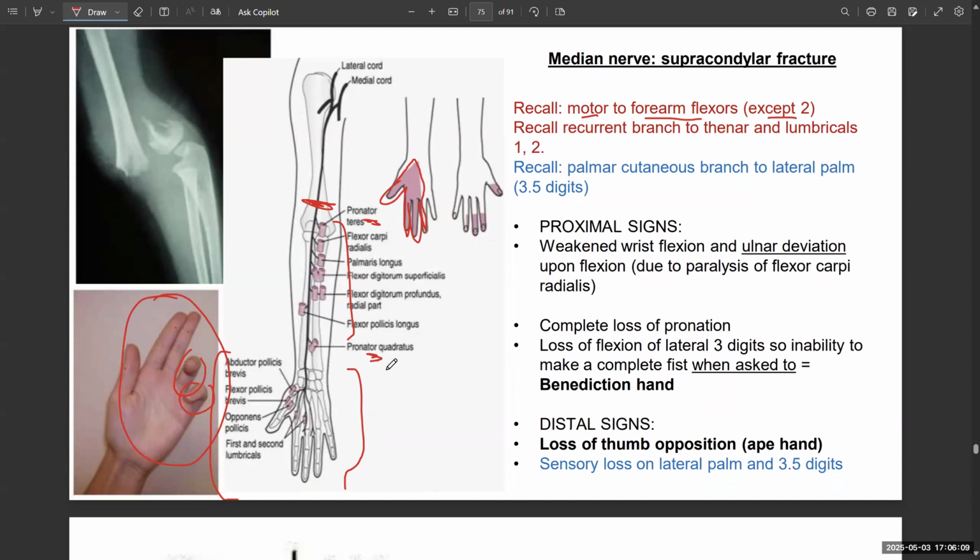This is because you have paralysis of the flexor digitorum profundus, just the lateral half, and then you have paralysis of the flexor digitorum superficialis. So you have paralysis of 2 muscles that we can see here: the flexor digitorum superficialis and also the radial part of the flexor digitorum profundus. These muscles are involved in making the fist. That is why you have benediction hands.